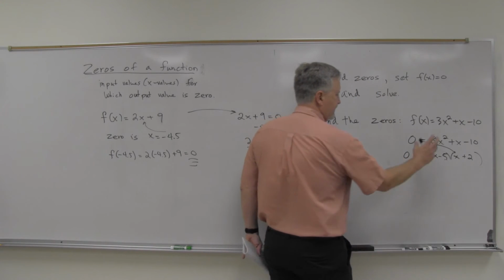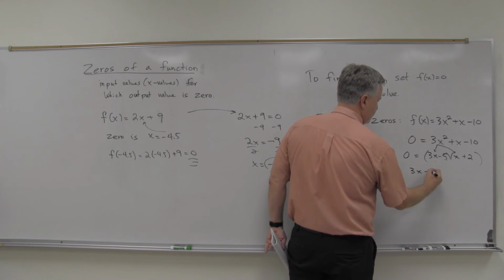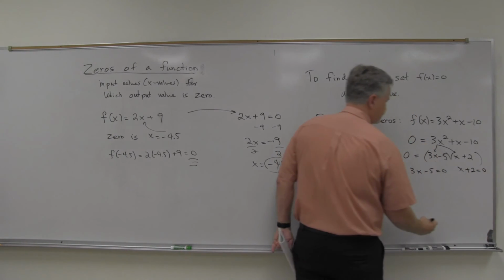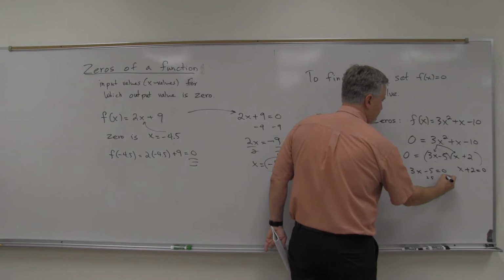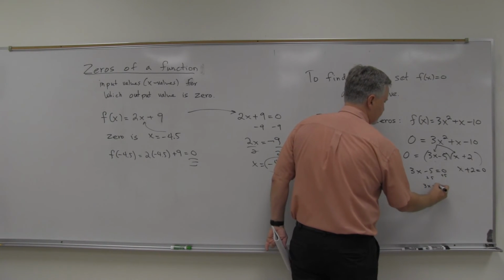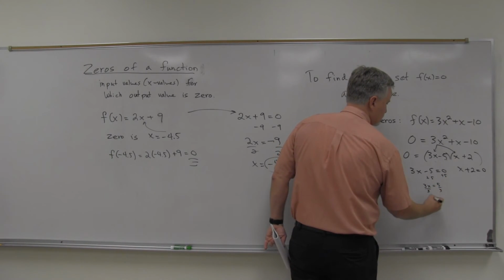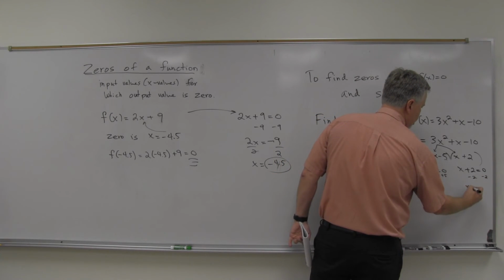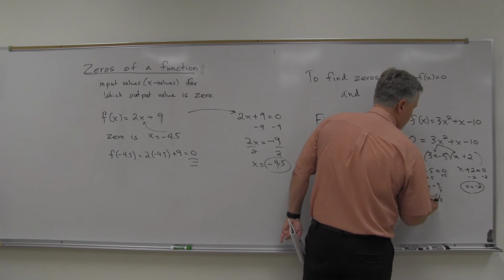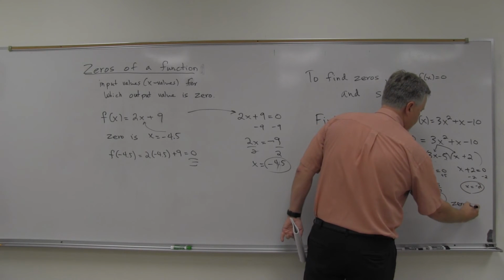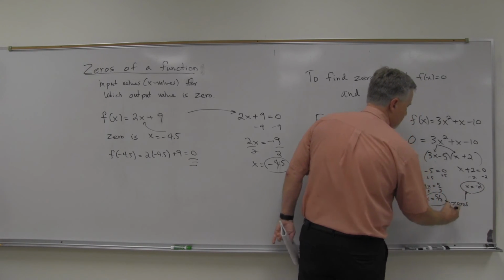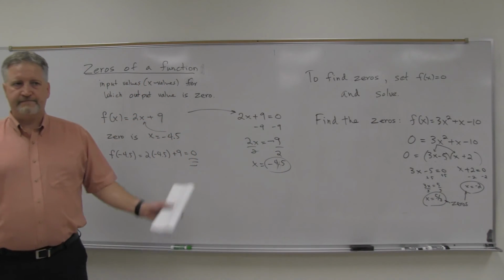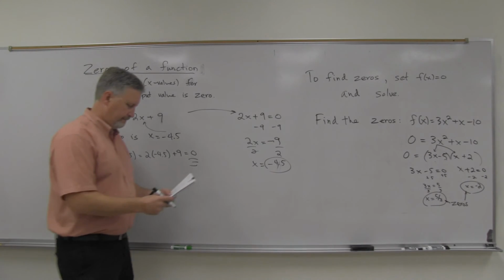But then, once we get it factored, you set each factor equal to 0. So this one's going to have 2 zeros, isn't it? Add the 5, and divide by the 3: 5/3. And subtract 2: negative 2. So my zeros here, got 2 of them: 5/3 is one, and negative 2 is the other. Good? All right.